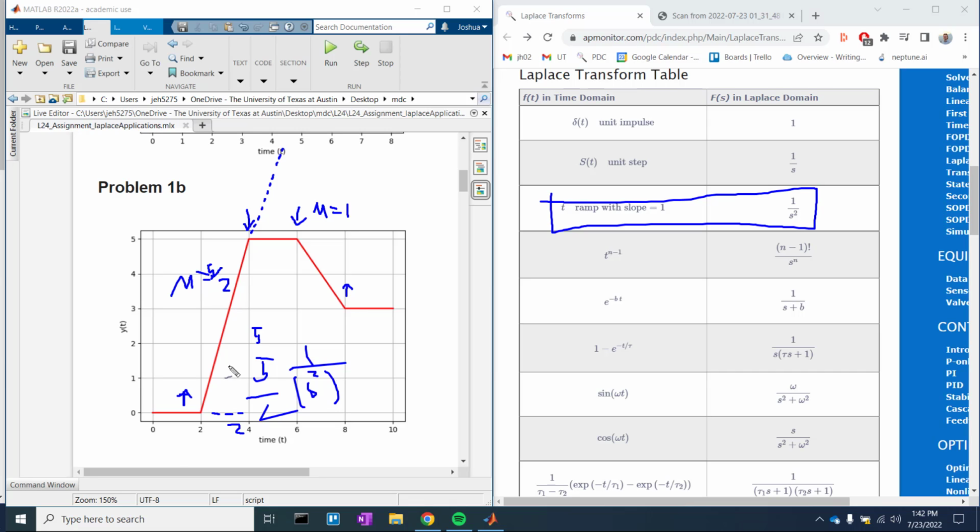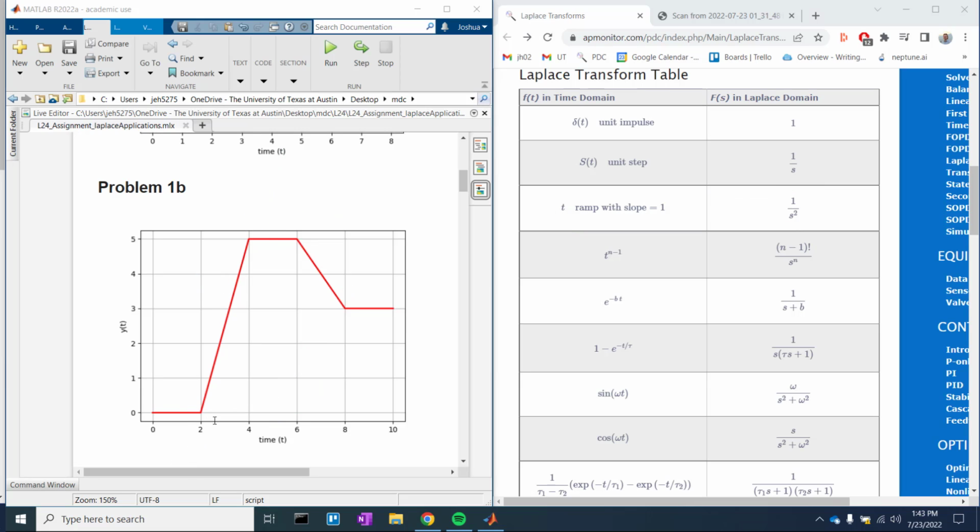And then the delay here, so we're going to have 4 elements. I'm going to go ahead and just get rid of these marks. Go ahead and do marks again. We're going to have 4 things. The first is going to be 5 halves 1 over s squared e to the negative 2s.